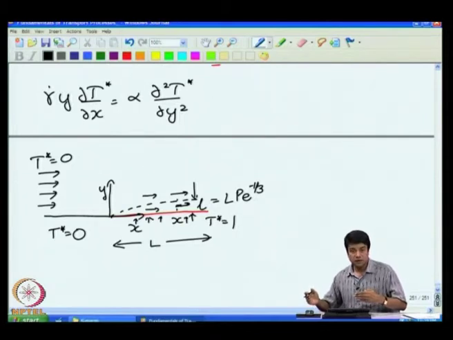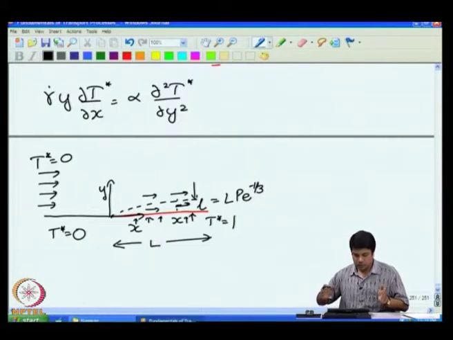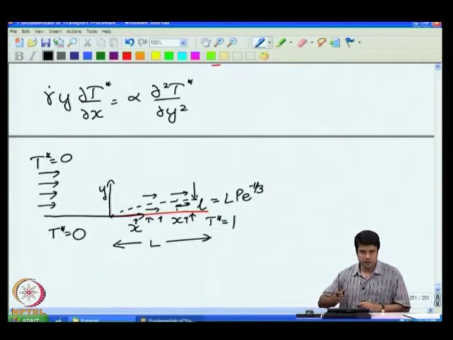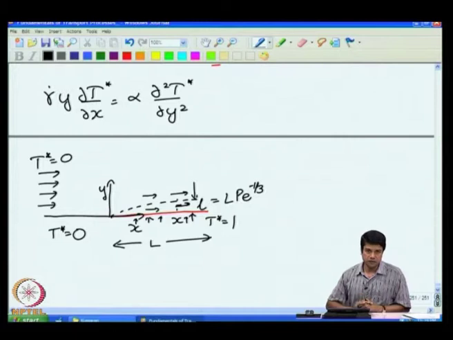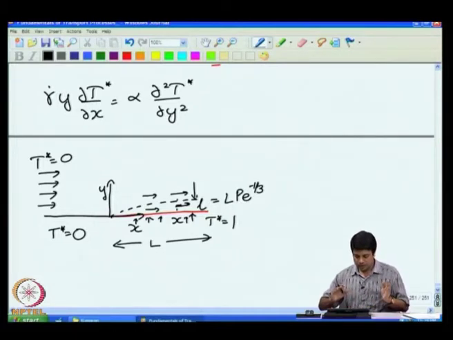That means that at a given position x, the temperature should not depend upon the total length L, because that total length L is downstream of the position x. So, the temperature at a given location x cannot depend upon the total length L downstream of that location. It should depend only upon the length of the heated section up to that particular location x.